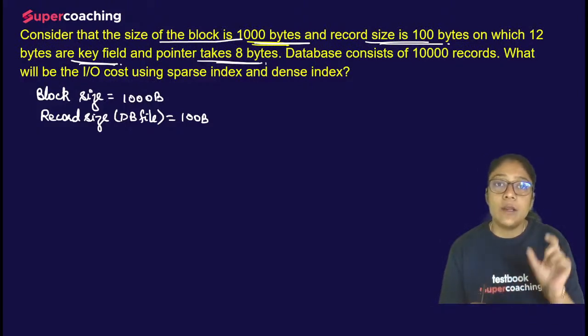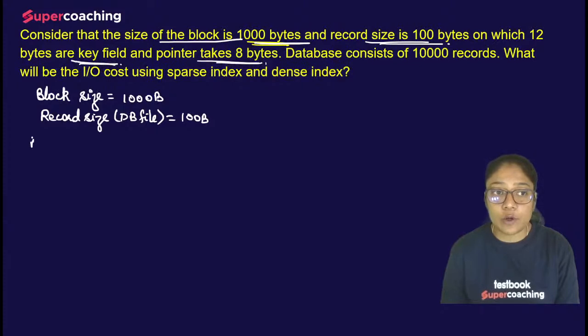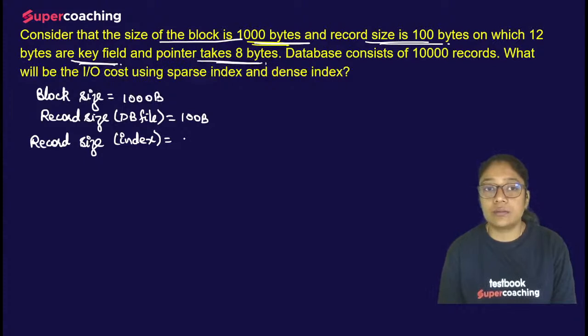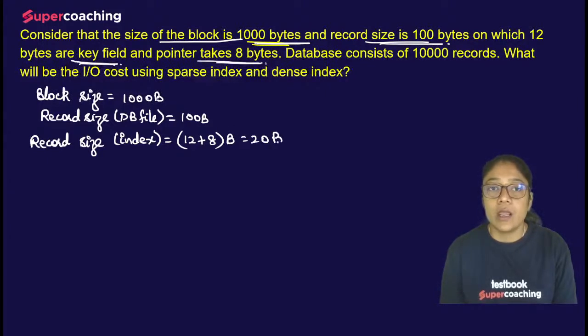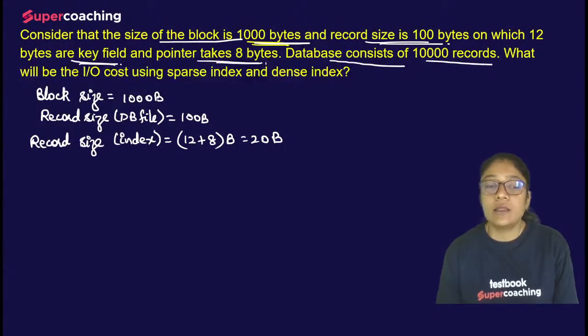Because in the index file we have the search key field and the pointer field. So on this basis, we can calculate the record size of the index file, that is the sum of the key field and the pointer field, which comes out to be 20 bytes. After that, it says the database consists of 10,000 records.